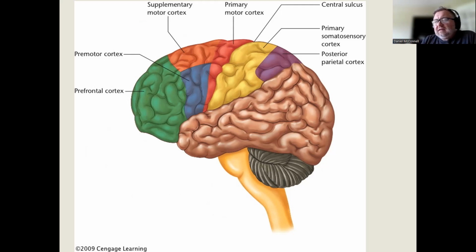And sitting behind that, what's called the postcentral gyrus, that is the primary somatosensory regions of the brain, right? And this, again, is a region that maps out the various body locations in ways that are proportional to the sensitivity of that body region to touch, how many receptors are found in those different body regions.